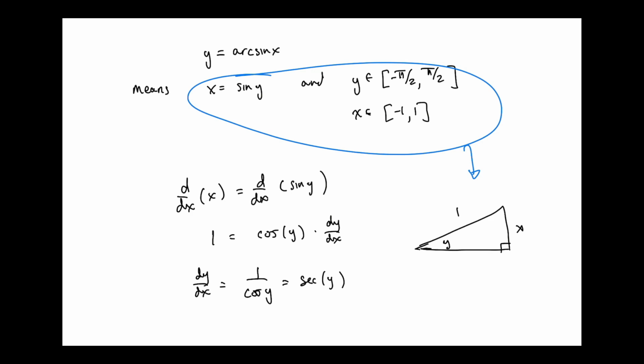Now, the reason I wanted to do that is not because I care about sine y anymore, but I actually care about cos y. Well, in order to figure out cos y, what else do I need to know? I need to know this adjacent side.